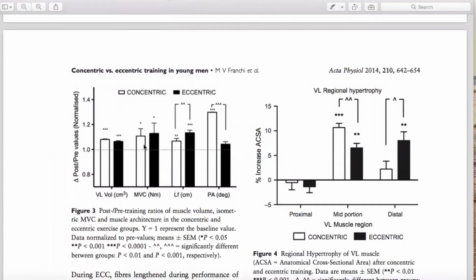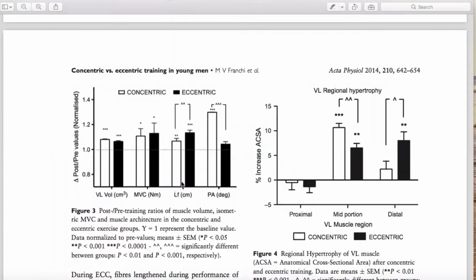As it wasn't different, the strength increase was also similar, as the MVC increased very similarly after eccentric compared to concentric resistance training. But what was striking to us is something that has been shown before by Reeves and colleagues in 2009 on older people.